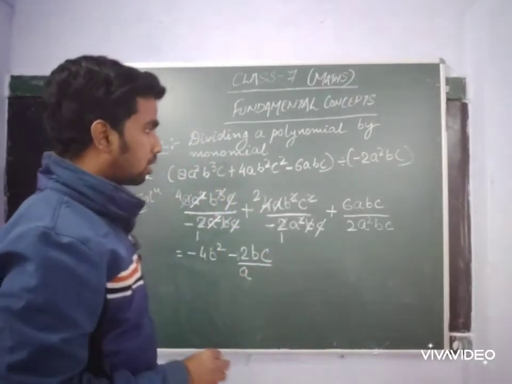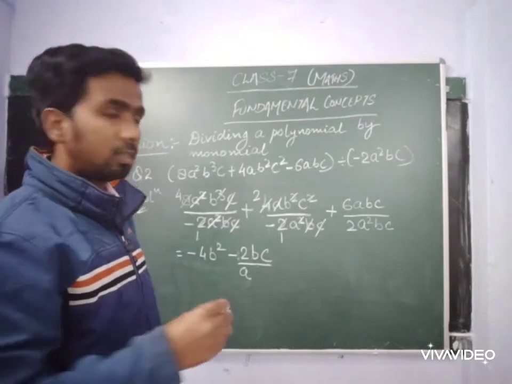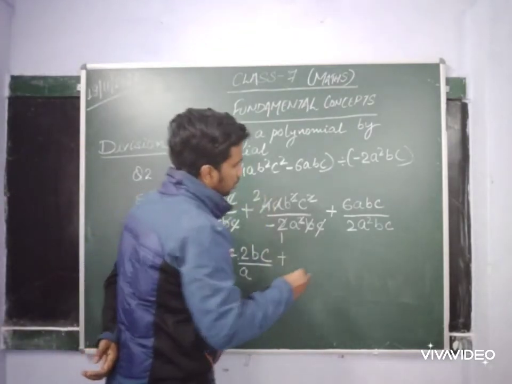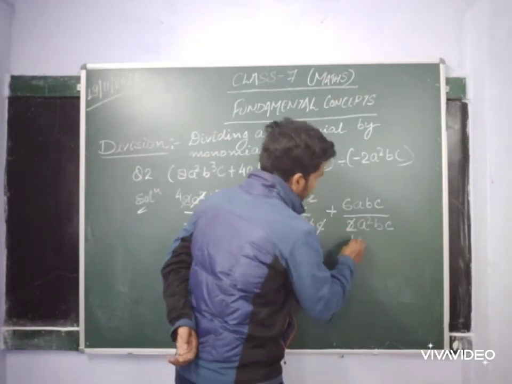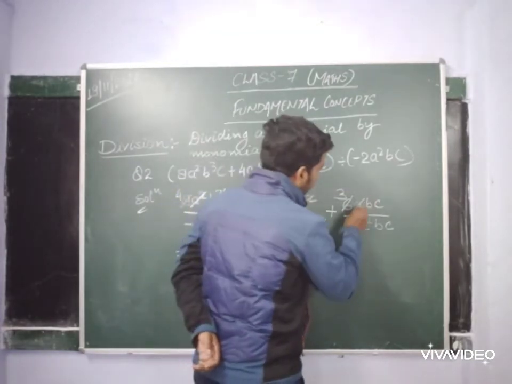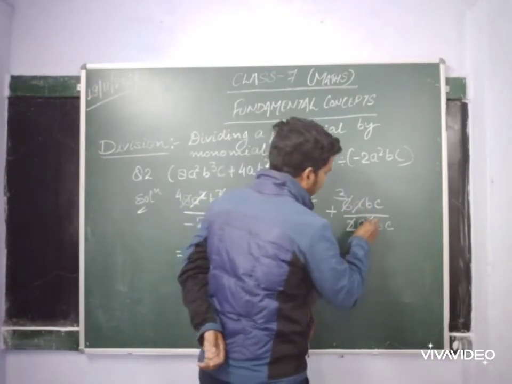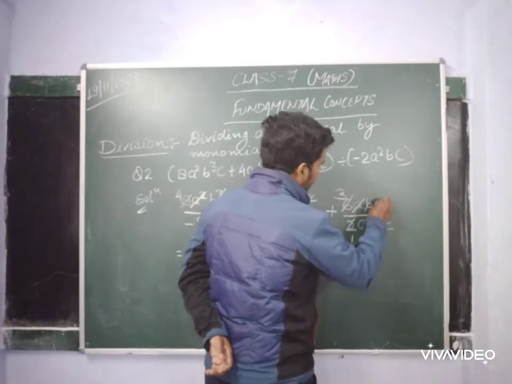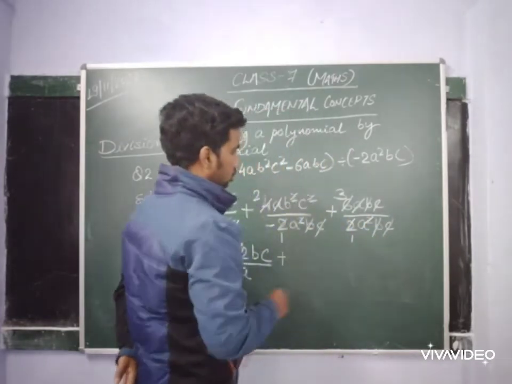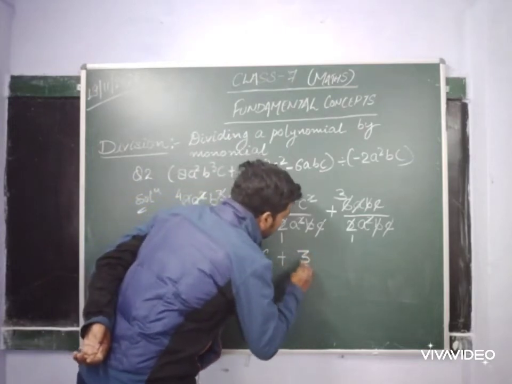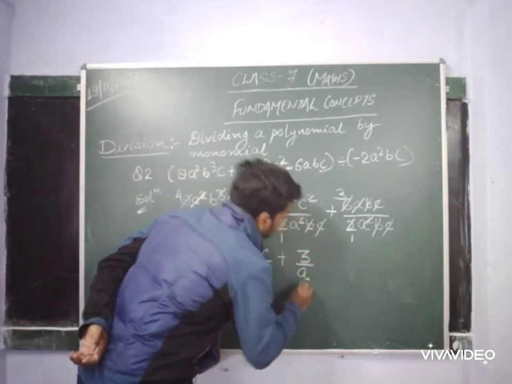Okay, now we will see the last one. Plus 2 1s are 2 and 2 3s are 6. Clear? A is cancelled from this and 1a will be cancelled from this. Clear? Then b and b will be cancelled and c will be cancelled. So what is left with us is 3 upon a.